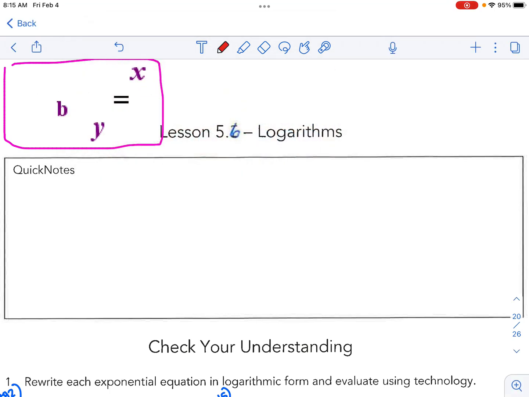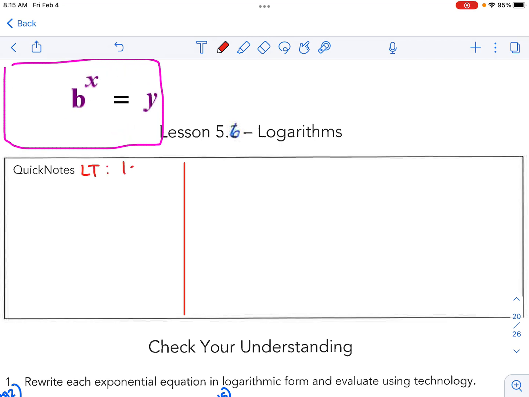And so that's our first learning target, that connection, that we now have a way to get that power out of the power spot and be able to solve for it. And we do that using logs. In fact, we've talked about this earlier, that the log and the exponential are inverses of one another.